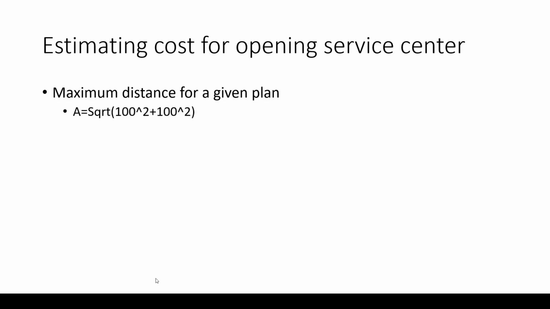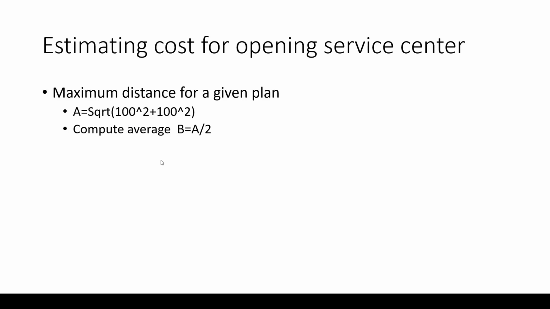So I think this is a maximum distance that would be measured by this formula. This is a Euclidean distance, and it is sqrt of 100 power 2 plus 100 power 2. And then we compute the average of this value, because we cannot consider the maximum distance.